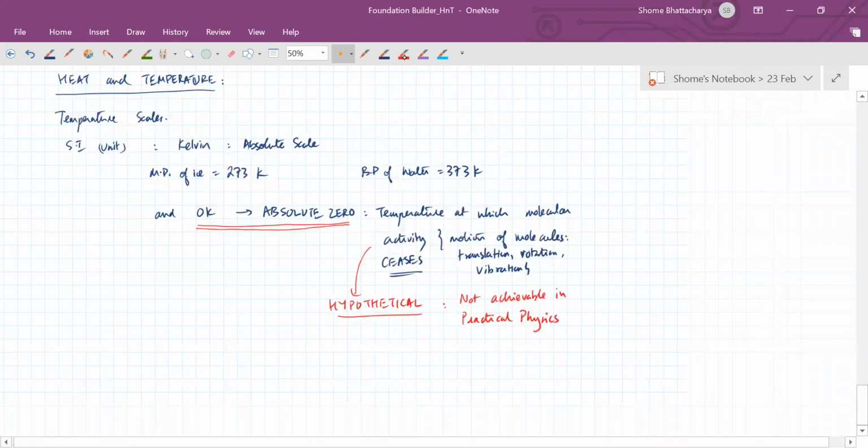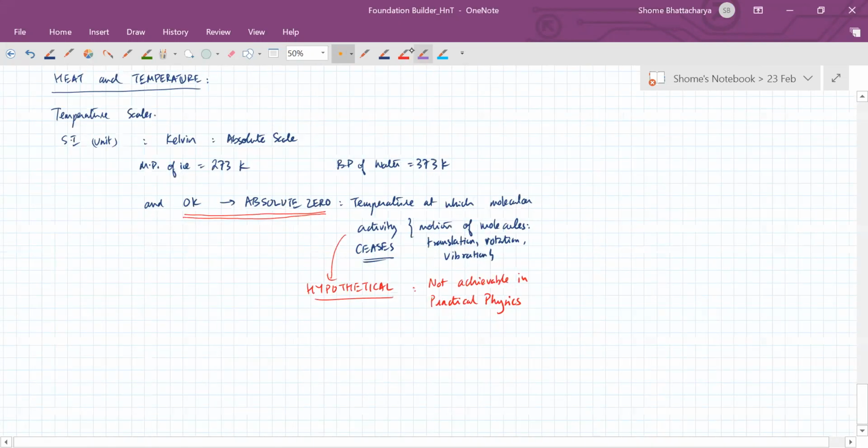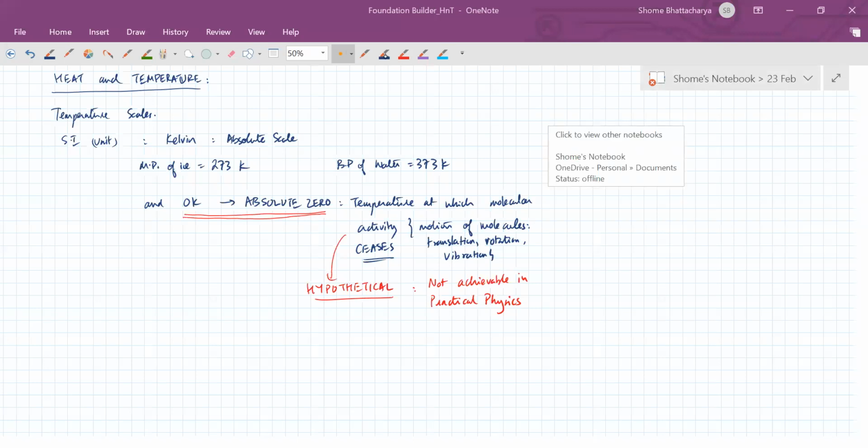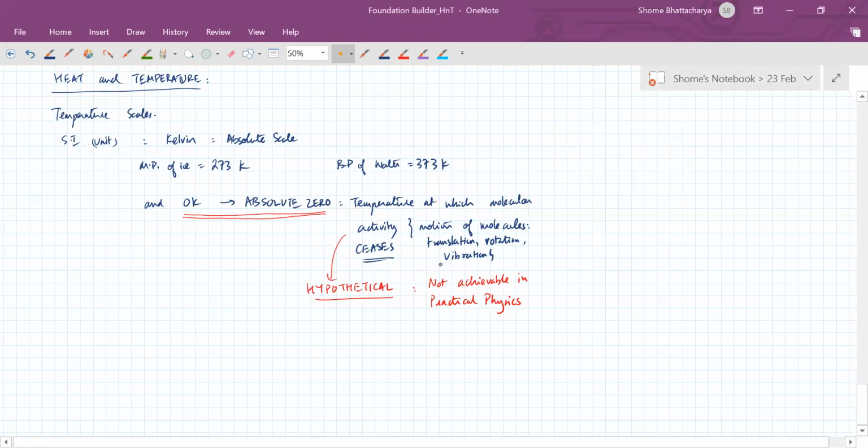As you might be knowing that superconductivity is a property of matter that exists at extremely low temperatures. Yeah, it's not possible because to make the molecules cease any type of motion, all molecular motion has to be absorbed through collisions, and no collision can be such that the final motion of a molecule will completely be absorbed.